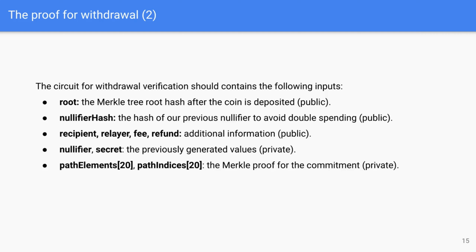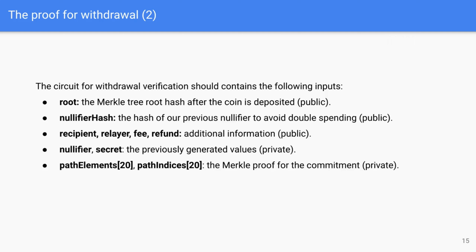In general, the circuit for withdrawal verification should contain the following inputs: the root value, which is the Merkle tree root hash after the coin is deposited. The nullifier hash is the hash of our previous nullifier. This value is used to avoid double spending.